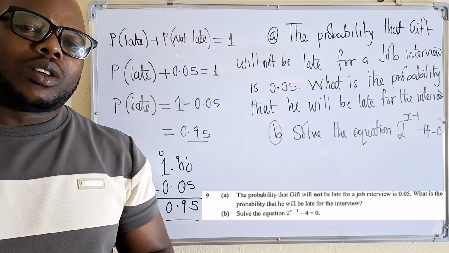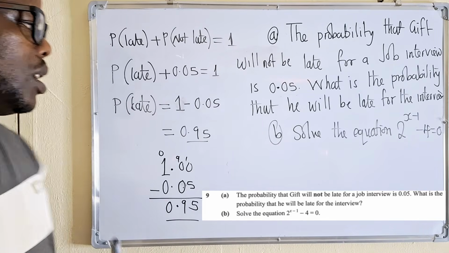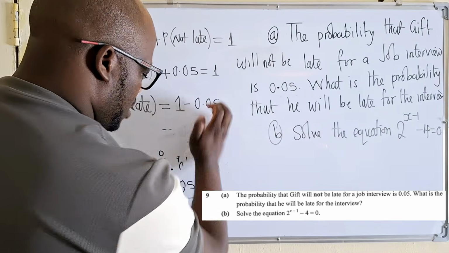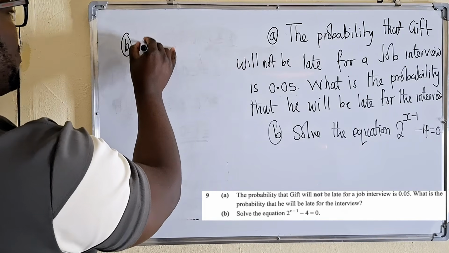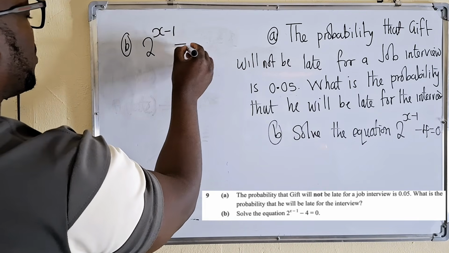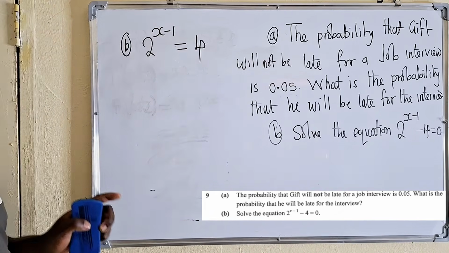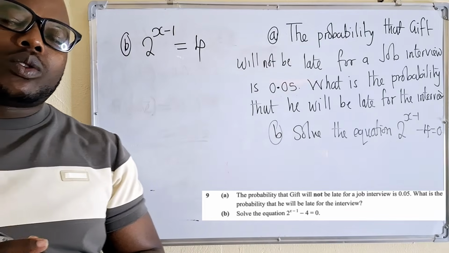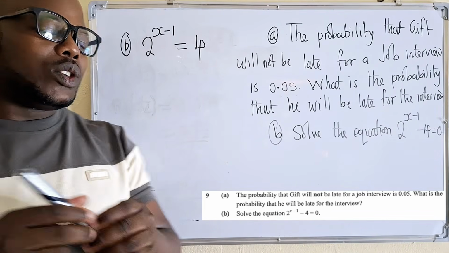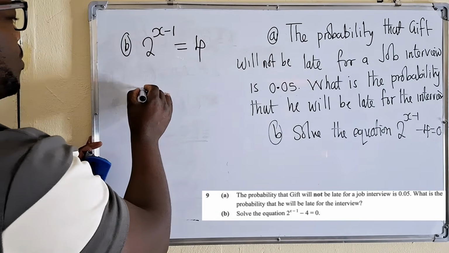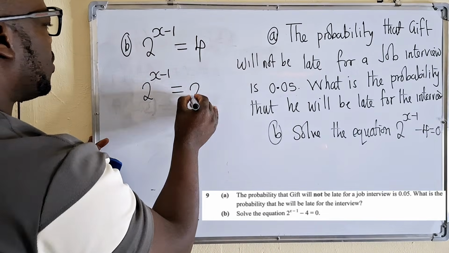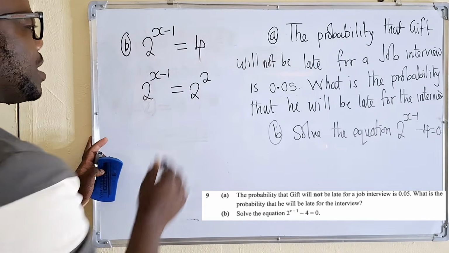So for the next question, we are told to solve the equation. So let me copy the equation. Equation B, we've got a 2 power x minus 1 equal to a 4, right? So now, to solve the equation here, we must know the issue of writing this equation as a 2 power 2 to the right hand side.